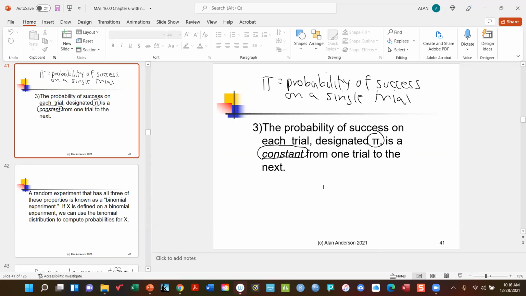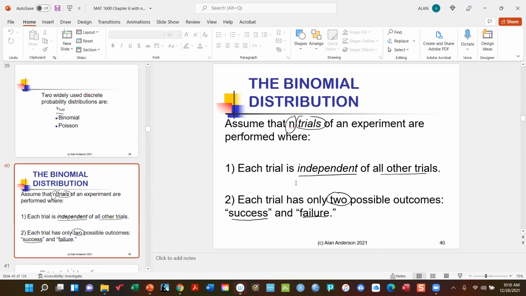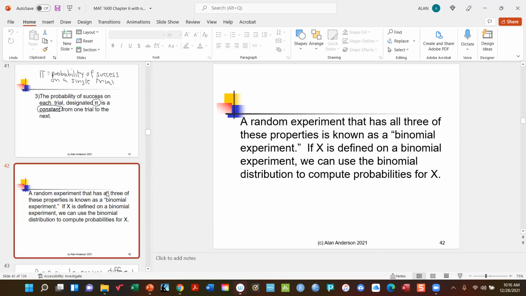So if all of these 3 conditions are met, then any x that we define from this experiment, which typically is used to represent the number of successes, is considered to be a binomial random variable. And if that's the case, we can use a very special formula to calculate probabilities for x.